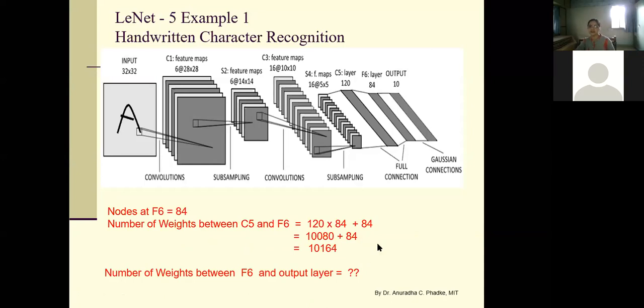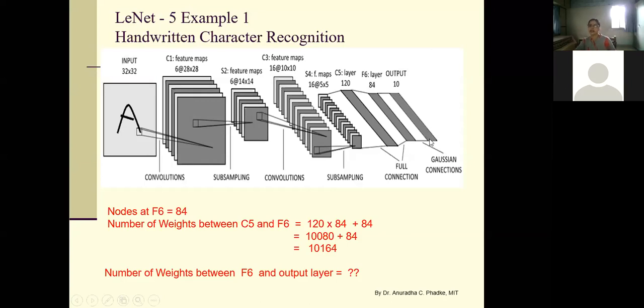Yes, Tejas, your answer is correct. Dev, your answer is correct. Very good. Now on similar lines, determine trainable weights between F6 and the output layer. In F6 there are 84 nodes, and in the output there are 10 nodes. So 84 into 10 results in 840, plus 10 bias terms for the output.